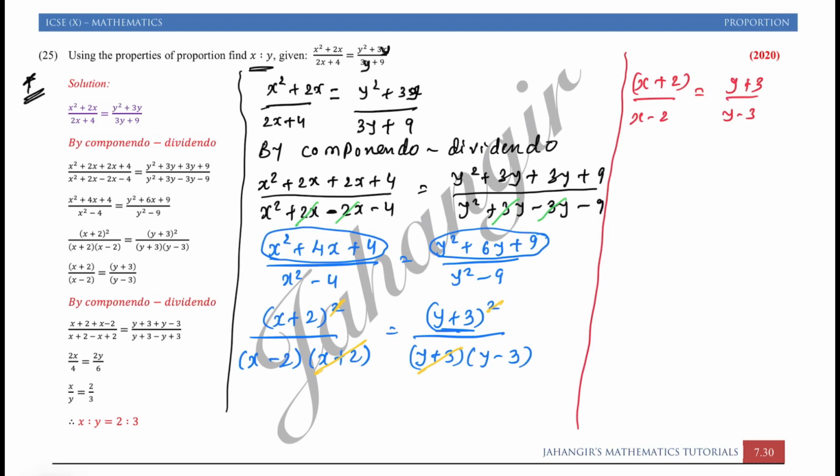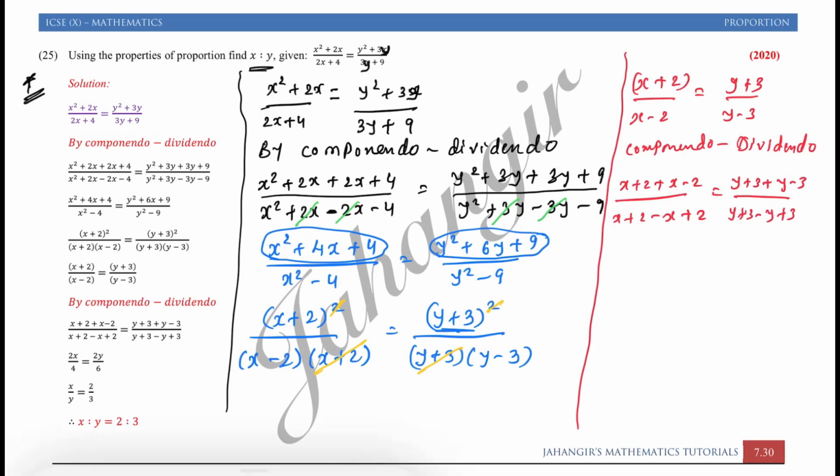So now again taking componendo dividendo, we can write x plus 2 plus x minus 2 whole upon x plus 2 minus x minus 2, that is equal to y plus 3 plus y minus 3 whole upon y plus 3 minus y plus 3.